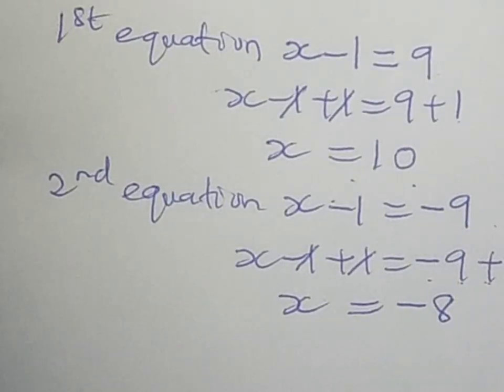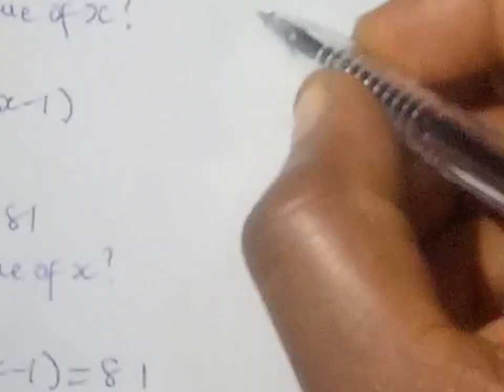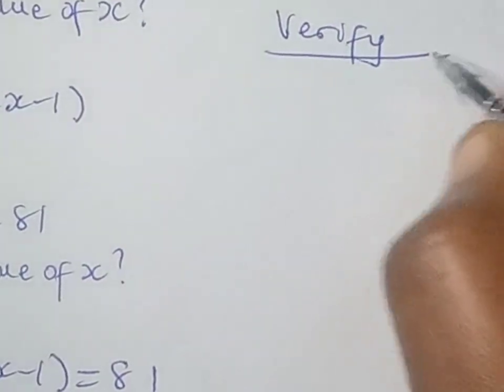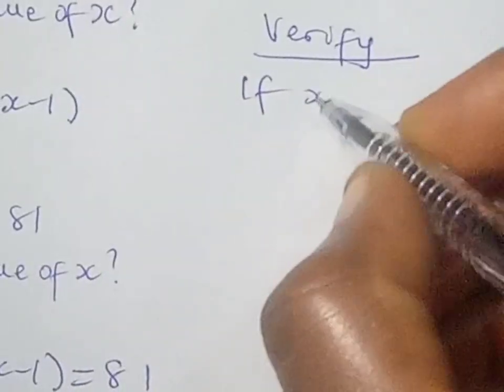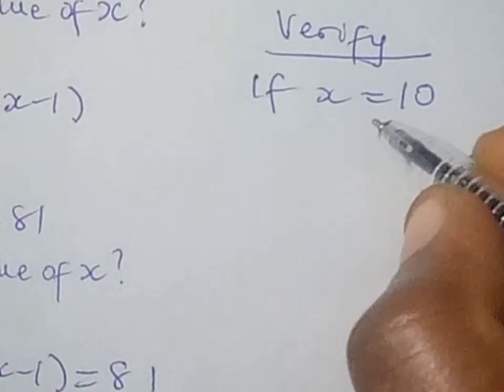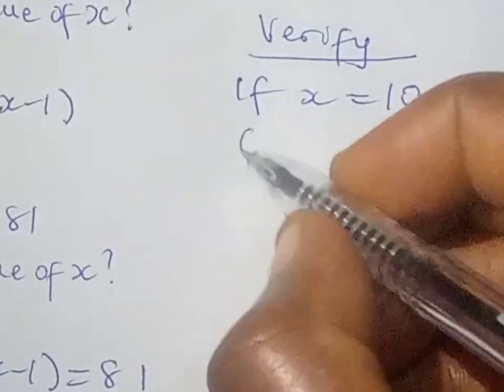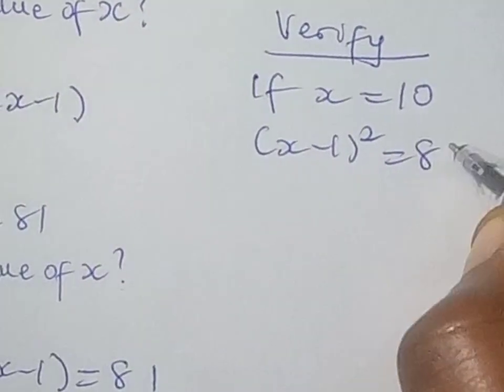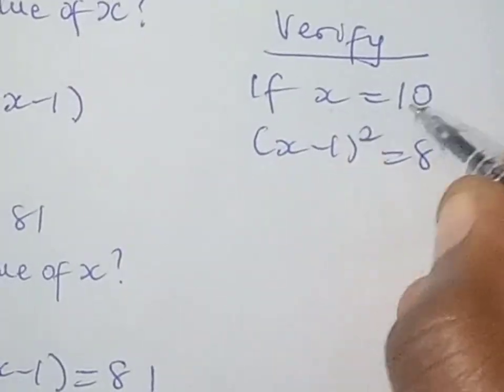Let's verify both solutions. Let's verify if x = 10, because in our first equation we got x = 10. Our question again, (x − 1)² = 81, where x = 10.